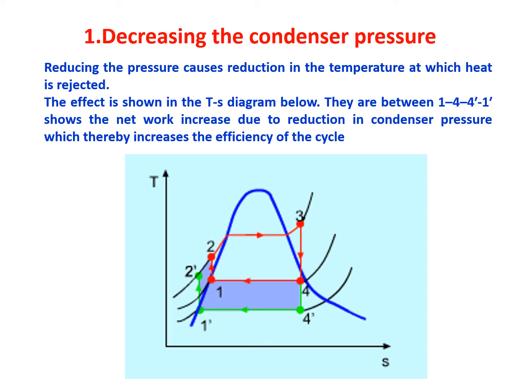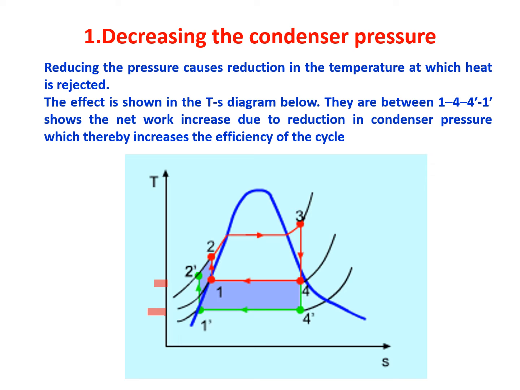That is, reducing the pressure causes a reduction in the temperature at which heat is rejected. This point we have to understand. The initial temperature is this one, T1 equal to T4. Whereas by reducing the condenser pressure, the temperature at which heat is rejected is reduced to this level.